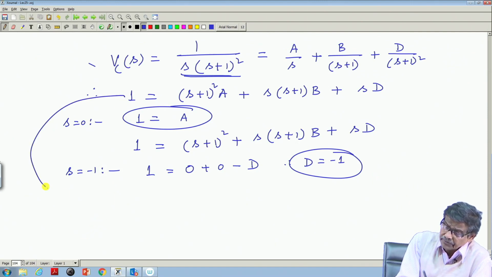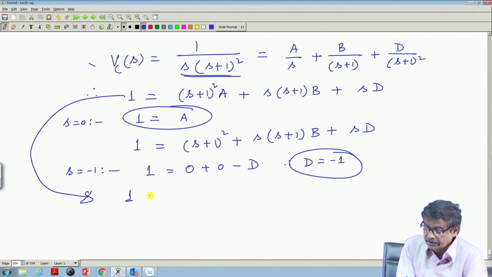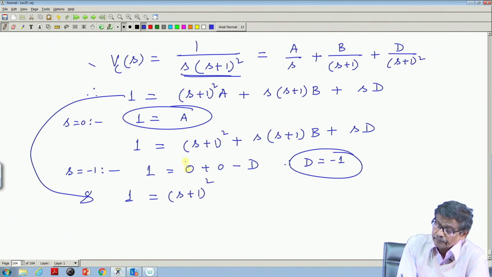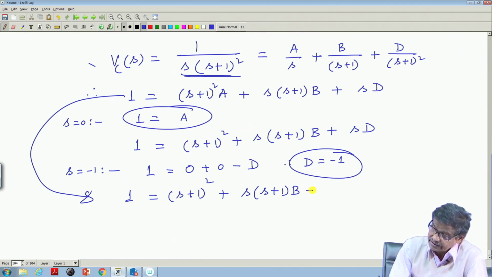Therefore, you can write this identity as 1 = (s+1)^2 into A, which is known, plus s(s+1)B, which is yet to be known, and this is minus s.